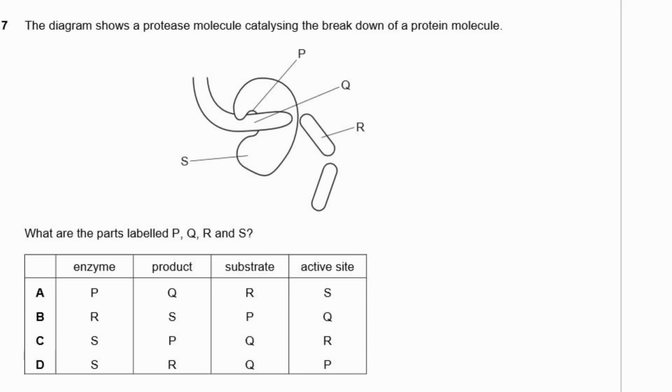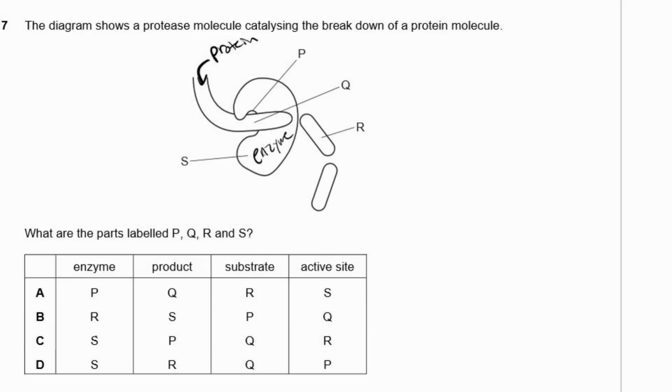Question 7. The diagram shows a protease molecule catalyzing the breakdown of a protein molecule. Okay, which are the parts labeled P, Q, R, and S? Okay, so this is the protein. And this is what's being broken down. It's kind of snipping it here, kind of cutting it into little pieces. And this is the enzyme. Okay, so as I said, S is the enzyme.